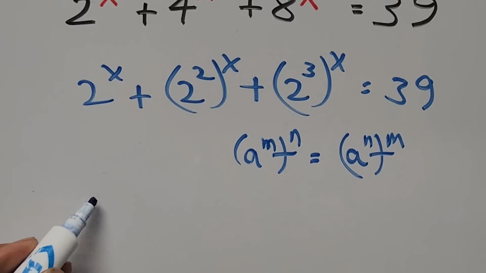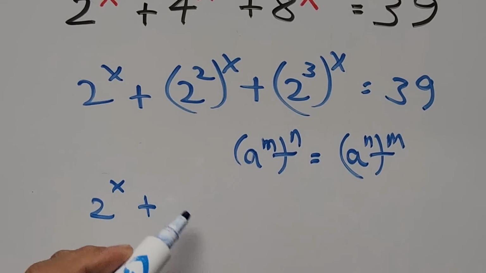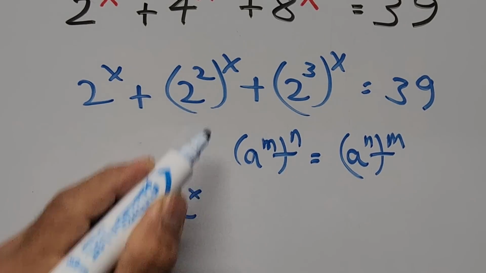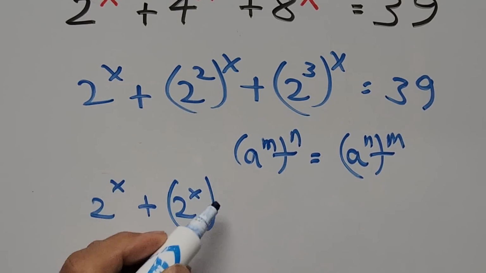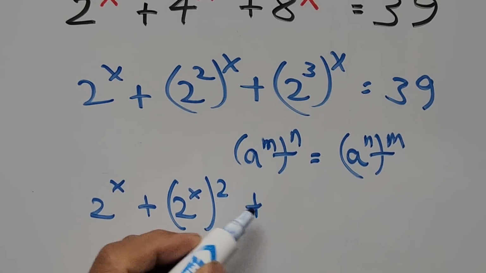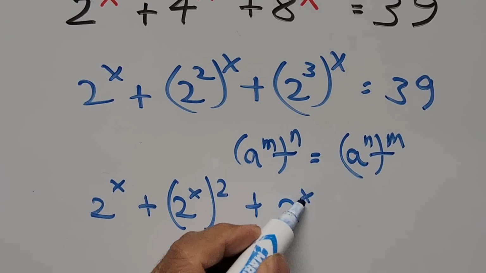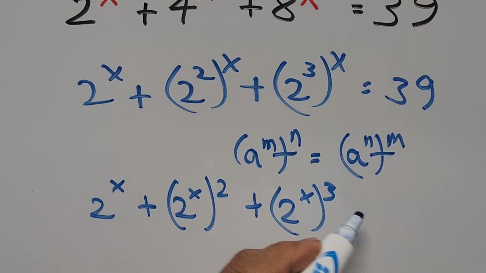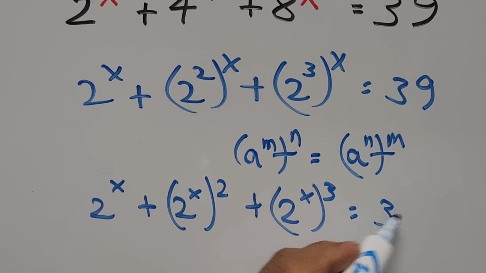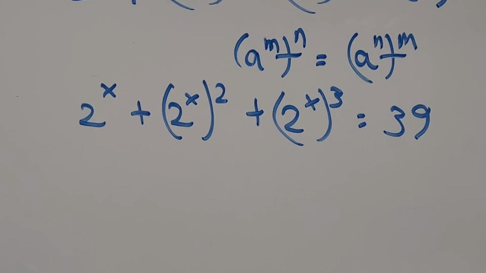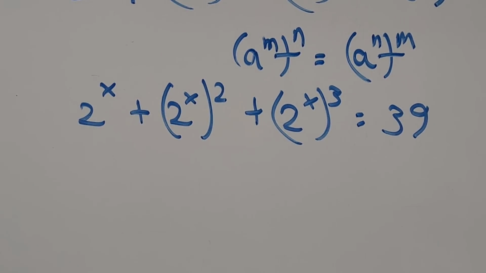And so we can do that on our equation. So we have 2 to the power of x plus 2 to the power of x, second term, to the power of 2, plus the third term, 2 to the power of x to the power of 3 equals 39. And so now, what should we do from here? So we'll be using substitution, right?